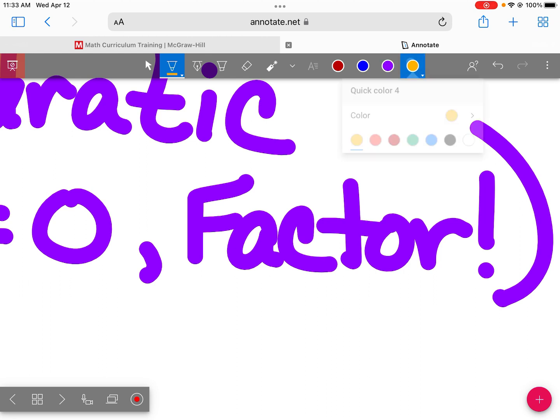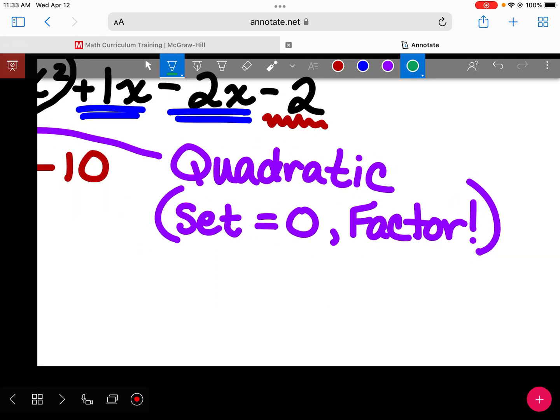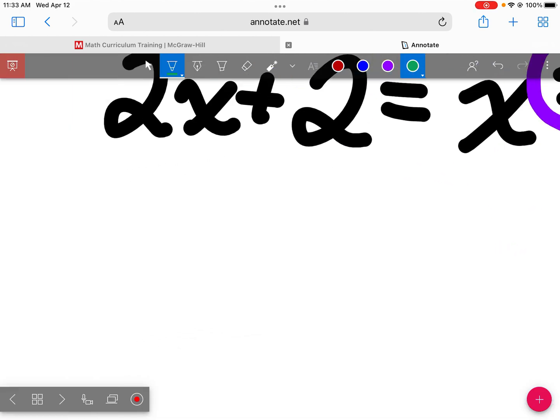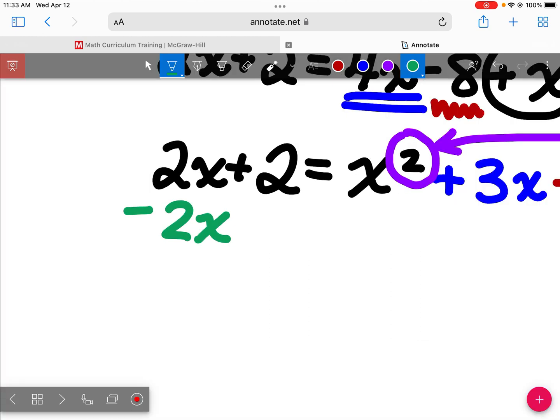All right, so I got to make these things cancel out. How will I make a 2x completely cancel out and go away? Minus 2x. So I'm going to minus 2x on this side. If you do it to one side, you have to do it to the other side.